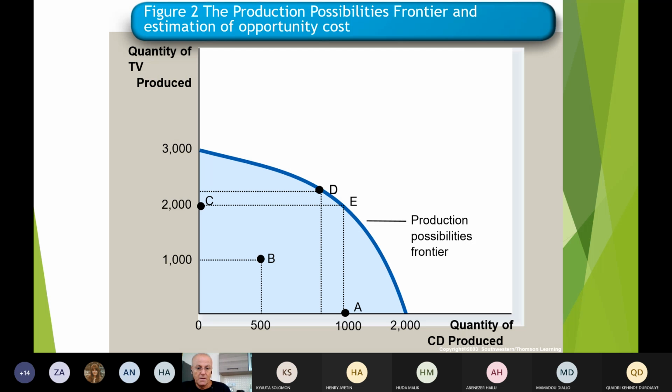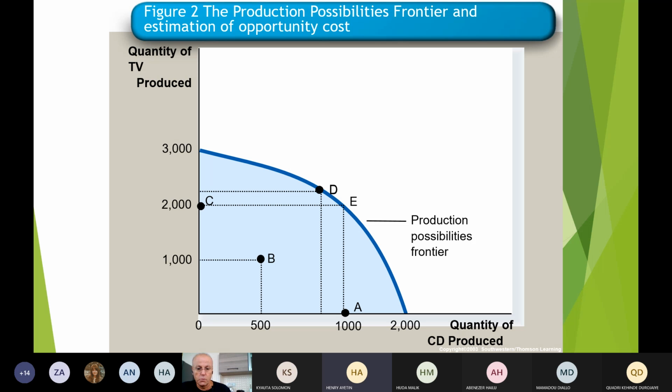to the market. And if it is realized at point E, there is, of course, 2,000 and 1,000 units of combination, and the rest of the production is supposed to be surplus.